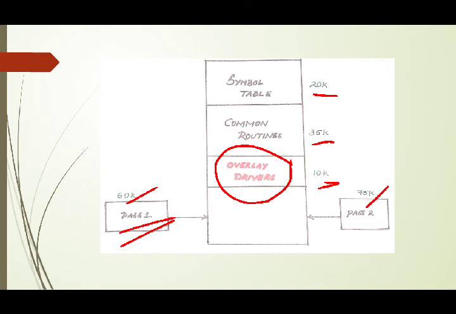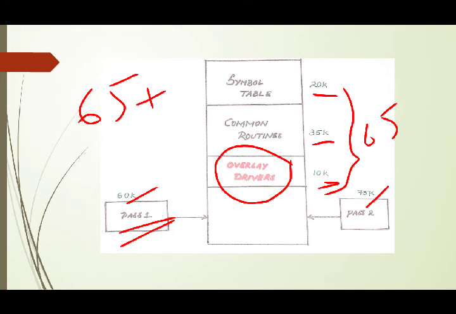Here 20 plus 35 plus 10 is a total of 65k, and when we are passing only pass 1, that is 60k, 65 plus 60 gives a 125k usage.